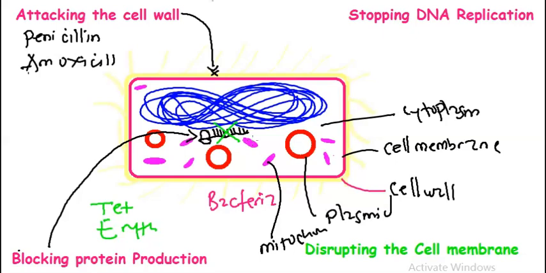The next one is stopping the DNA. The same way we have protein synthesis inside of this cytoplasm, we also have the DNA synthesis here. Notice that antibiotics like ciprofloxacin interfere with the DNA inside of the bacteria.